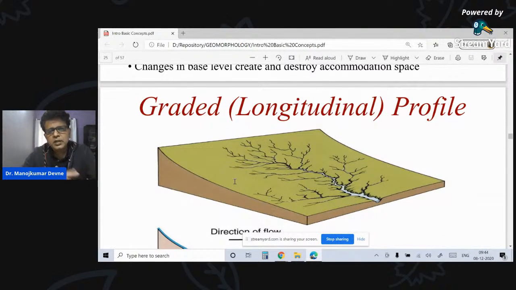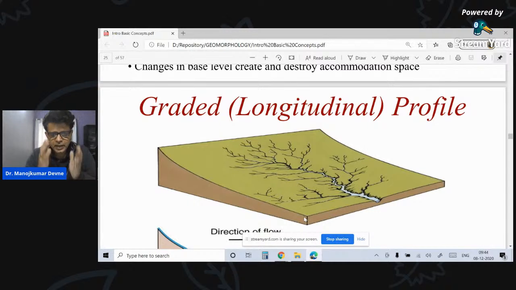Okay, this is a longitudinal profile. While you see this in the block here, this line here is the longitudinal profile from the head of that particular stream to the mouth of that particular stream. In other words, if you're looking at a river sideways from its origin to its mouth, you are actually looking at its longitudinal profile.